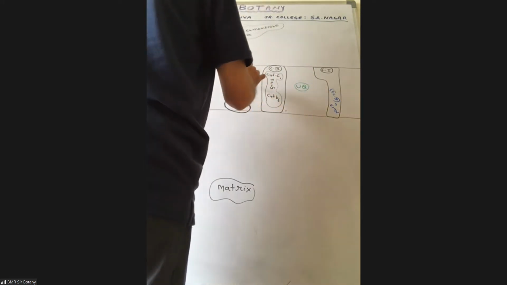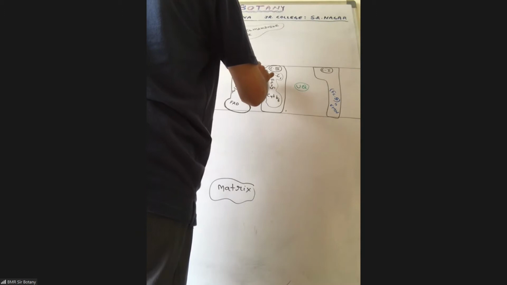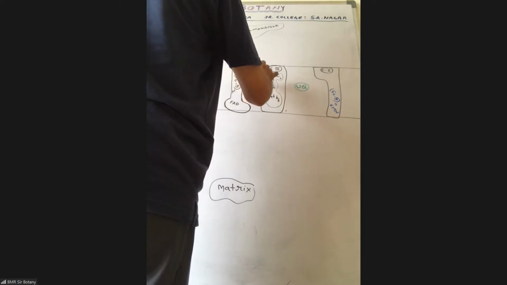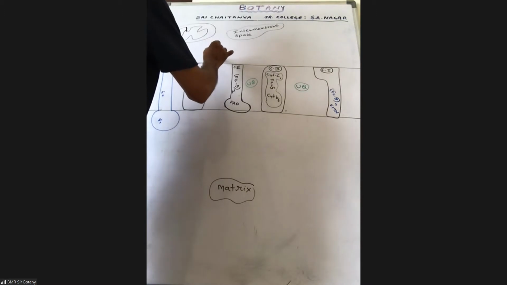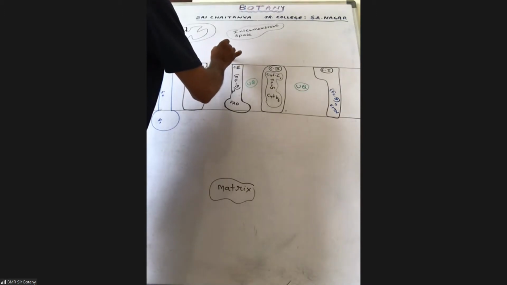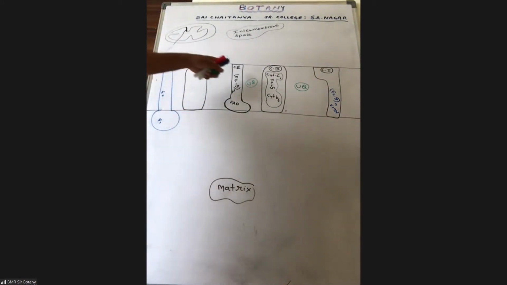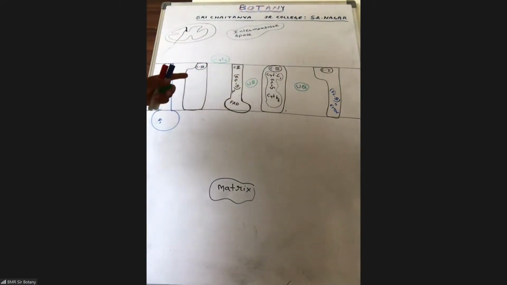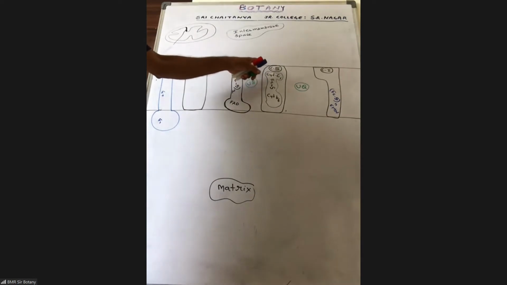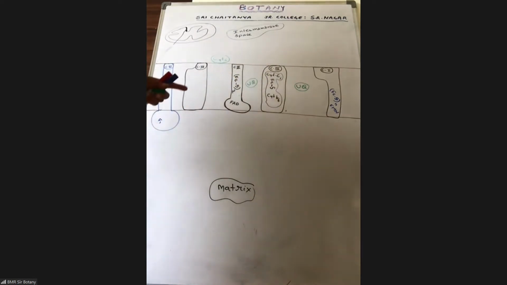Mobile carrier also between complex 2 and 3. Then another mobile carrier, cytochrome C, on the outer side, on the surface of the membrane, freely mobile between 3 and 4.